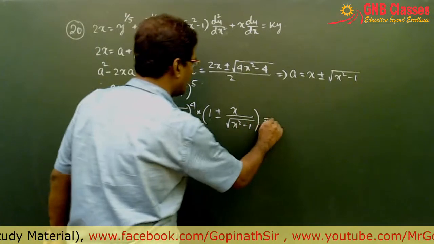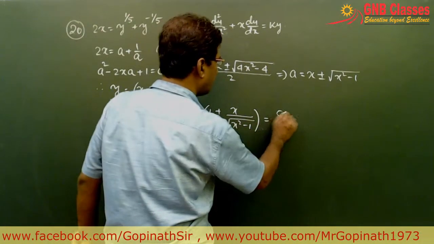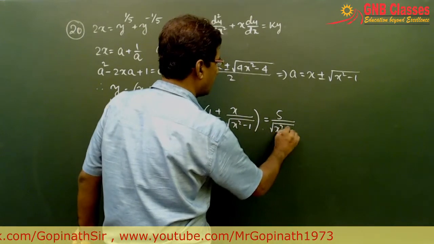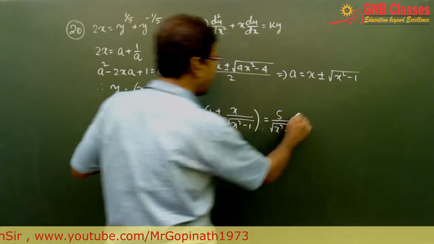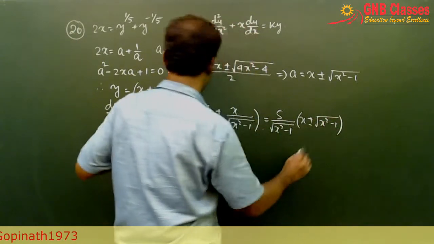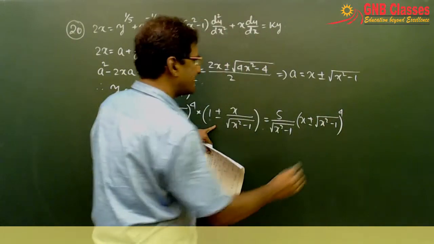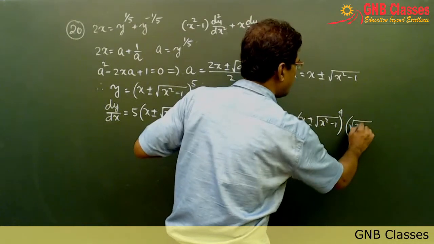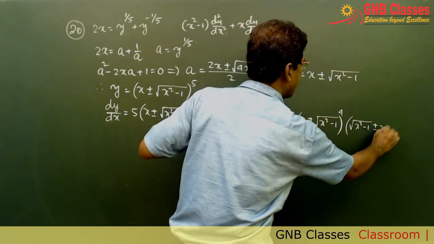Okay, now what we are going to get now? So here we are getting whole to the power 4, and in this case we are getting under root x square minus 1 plus minus x.